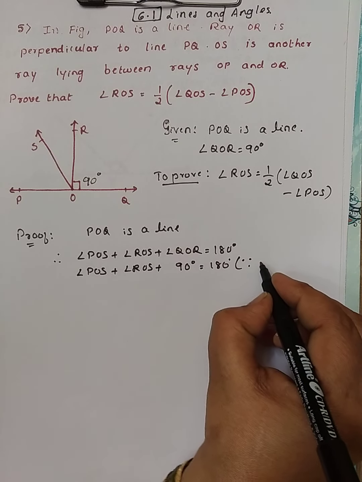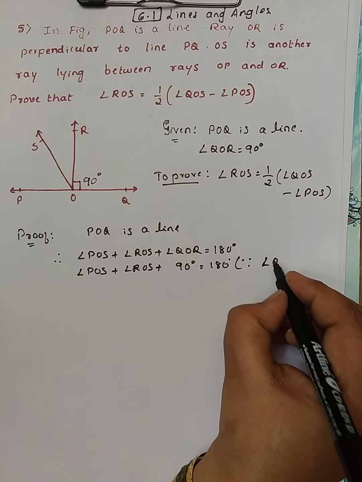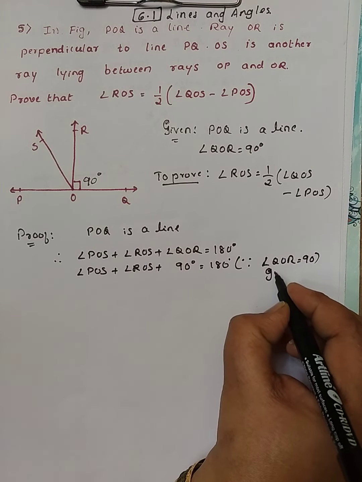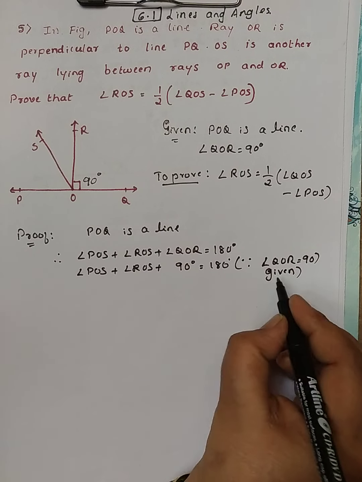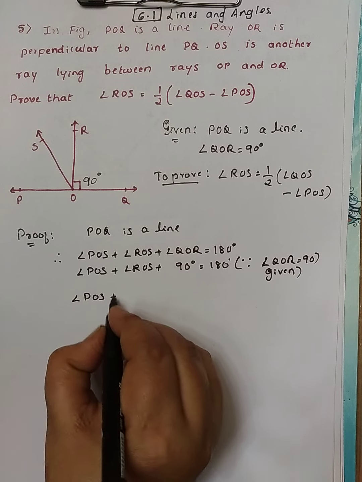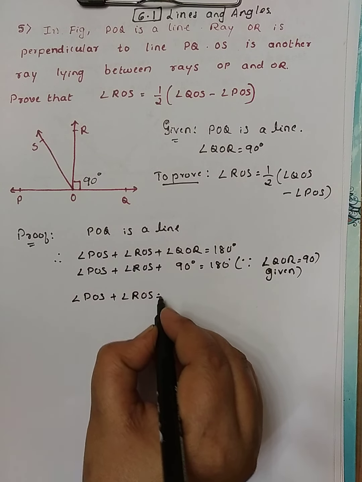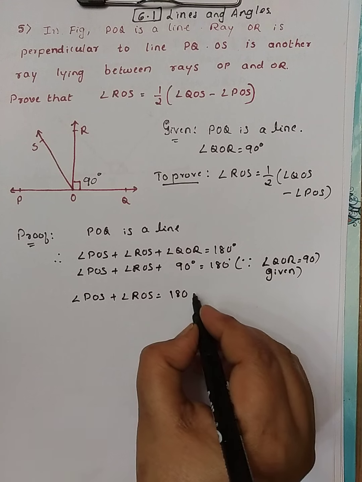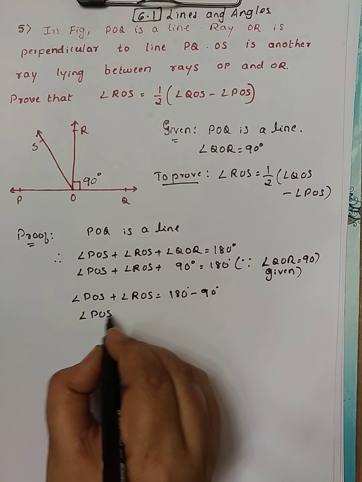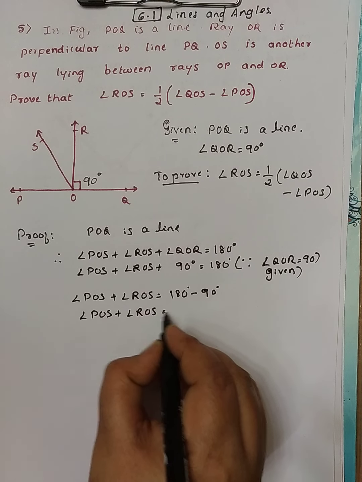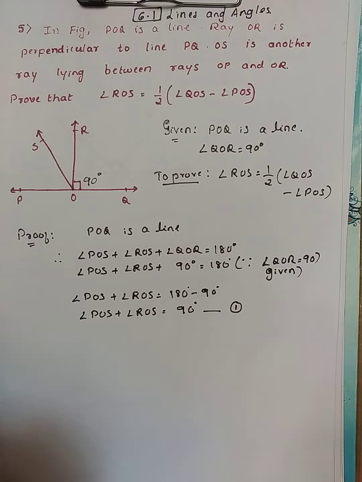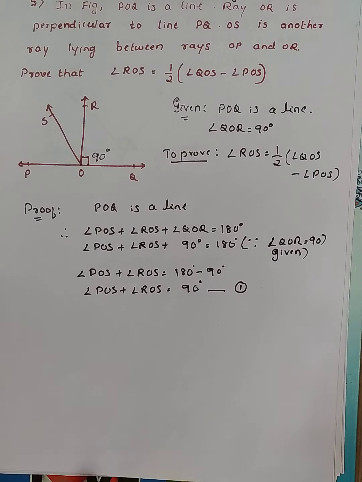Write in the bracket, because QOR equals 90 degrees, that is given. We have to write the reason here. Then angle POS plus angle ROS equals 180 degrees minus 90, transferring to the right-hand side, that is 90 degrees. Assume this is equation 1.